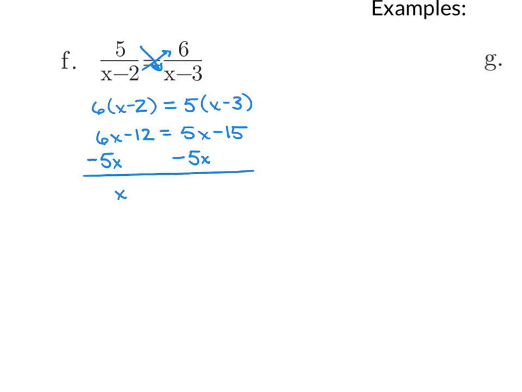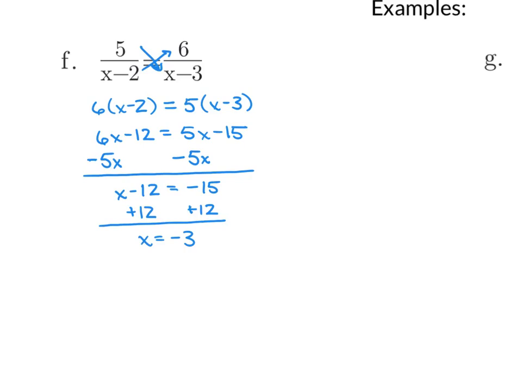We get x minus 12 equals negative 15. And then I can move all of my constants to the right. And we get x equals negative 3.